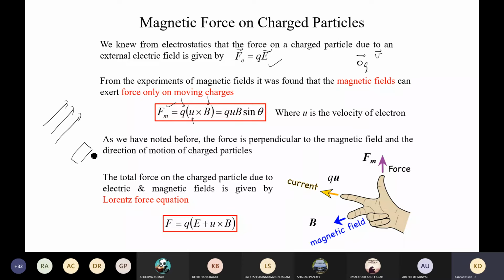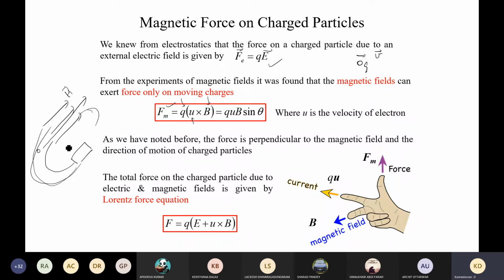You have a magnet here, and this magnet is creating a magnetic field in this particular direction, and the point charge is moving in this direction. So because of the magnetic field, there won't be any change in the direction or in the velocity. Nothing will happen because both are in the same direction. Due to this cross product, there is no change.